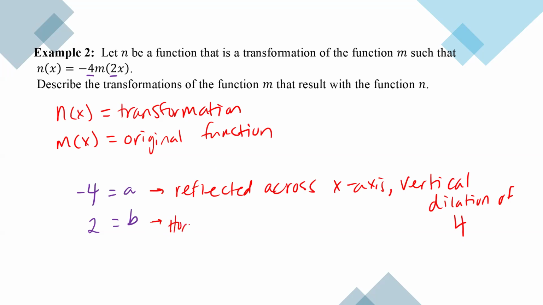So we have a horizontal dilation by a factor of 1/2 because our x's are liars. It's actually not 2. It is 1/2. So I'm not going to multiply each x by 2. I'm actually going to divide each x by 2. You reciprocate. Yes.